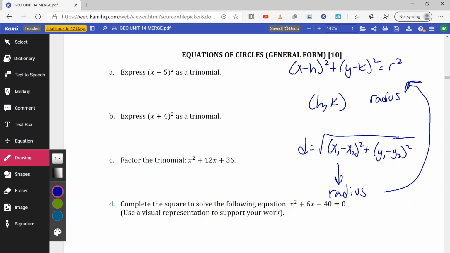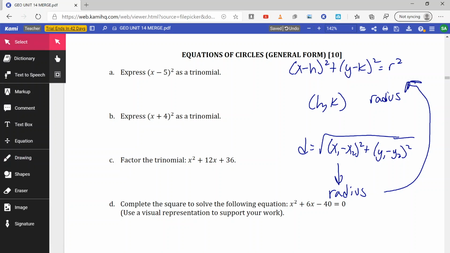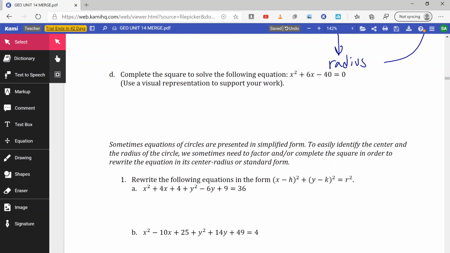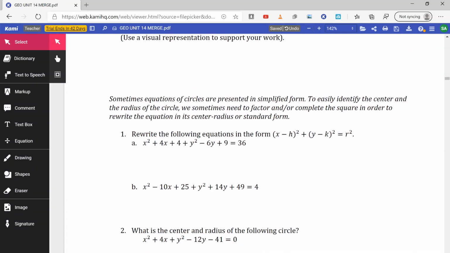Now, sometimes we are given equations that are not necessarily nice to look at. What we have to do is go through a whole process in order to get our equation into that whole (x minus h) squared plus (y minus k) squared equals r squared form.